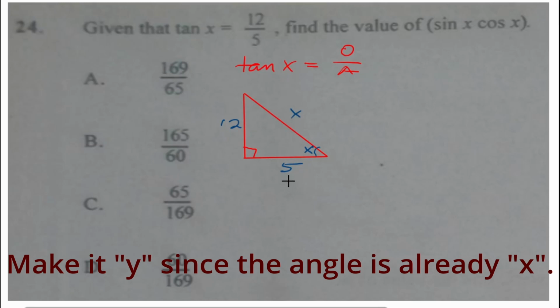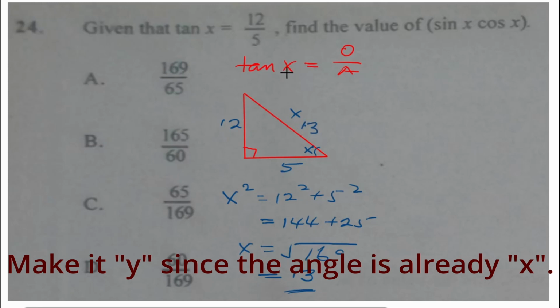And with that, we're going to use Pythagoras theorem, which will be h squared equals 12 squared plus 5 squared. h squared will be equal to 144 plus 25, and h is going to be the square root of 169, which will be 13. So this side of our triangle is 13 units.